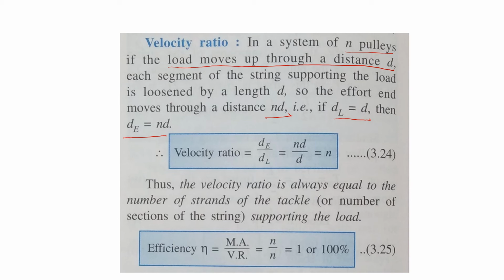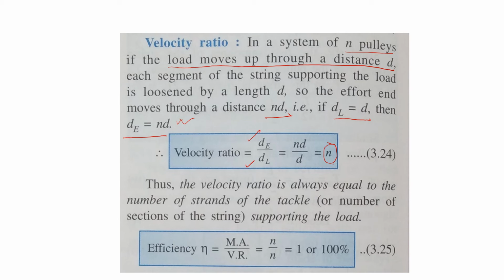Am I clear? So velocity ratio is equal to dE by dL, distance moved by the effort by distance moved by the load. Now the distance moved by the effort is nd, so nd by d, which is nothing but n. So velocity ratio is equal to the number of pulleys.